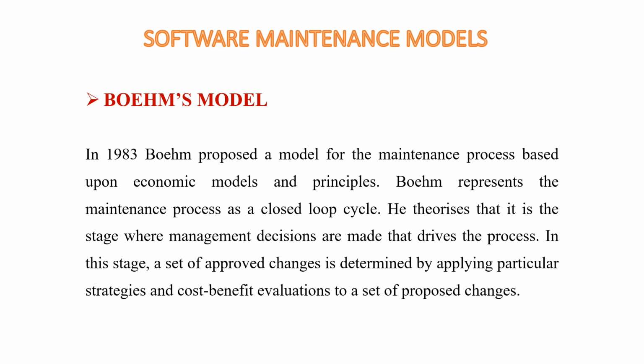Means according to the management decision, the software maintenance will be carried out. In this stage, a set of approved changes is determined by applying particular strategies and cost-benefit evaluations for the proposed changes. So according to the cost-benefit evaluations and strategies, we will be carrying out proposed changes in the software.